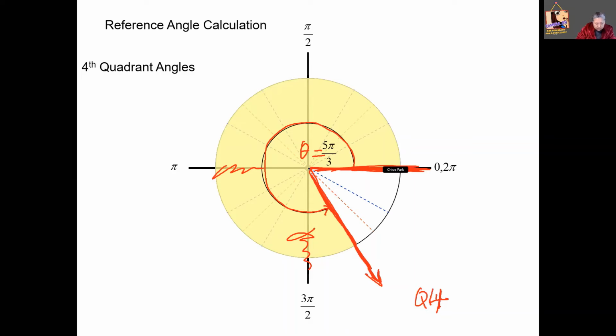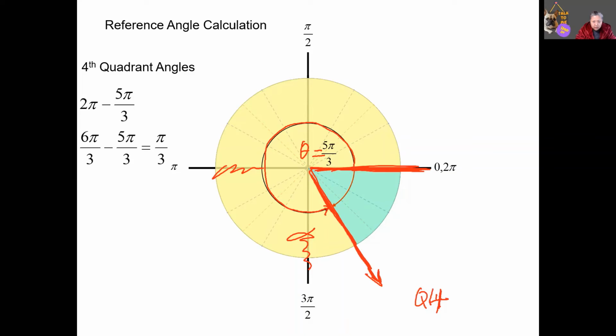I go with this one. Then this mint highlighted portion is definitely the reference angle of the original angle of 5 pi over 3, right? Then what can I do to formalize this situation?